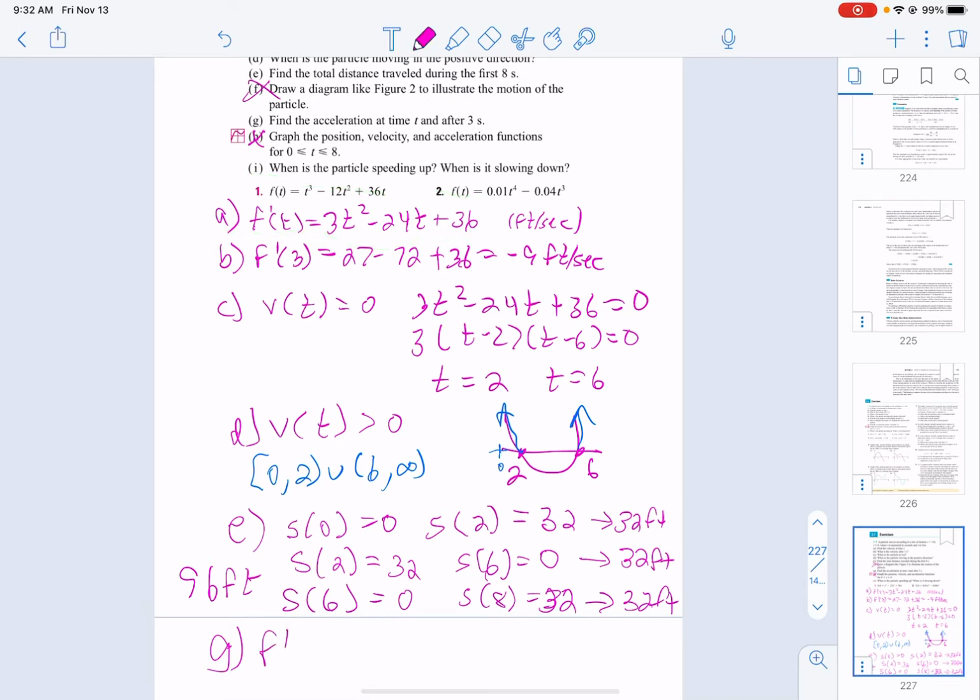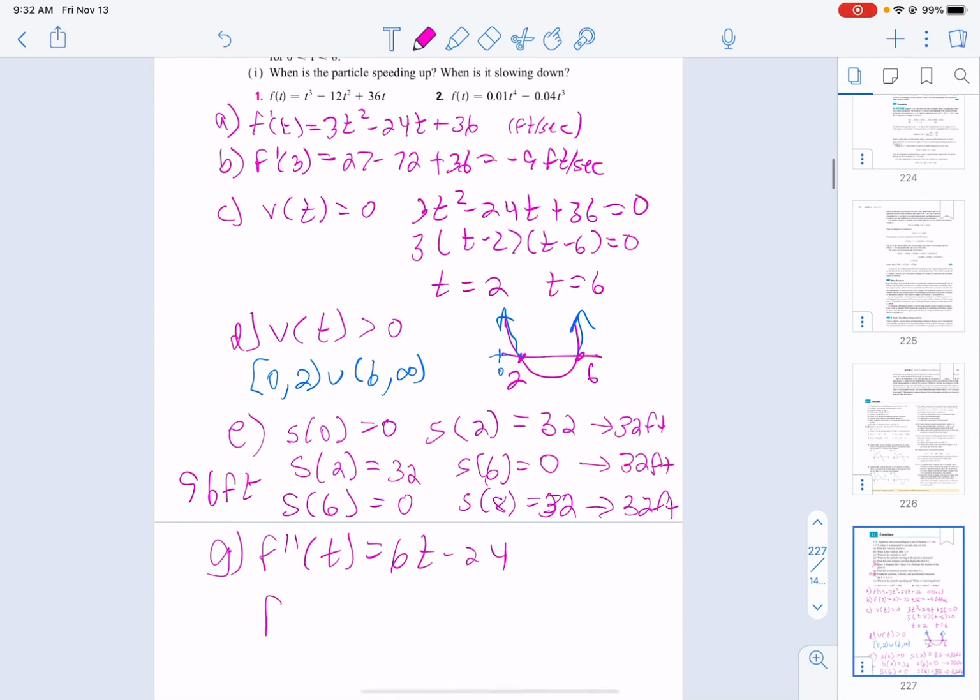So that's the second derivative, which is 6t minus 24. That is our acceleration function, after time t, and after 3 seconds, just plug in 3, and we get 18 minus 24, or negative 6 feet per second squared. So that's G.